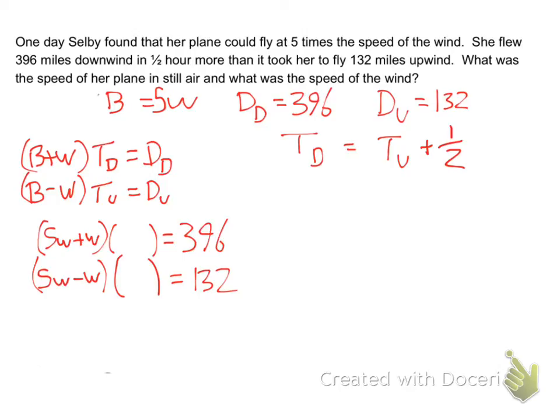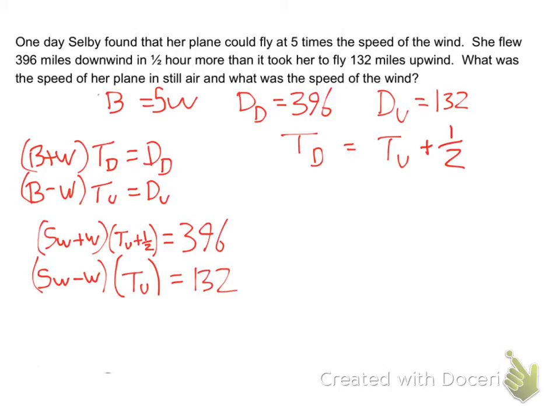What was that connection between their times? This top one here should be a TD. But TD is equal to TU plus 1/2. And so, if that's the case, I'm going to leave TU as TU. How many variables do I have? I have a W and a TU. 2 variables.